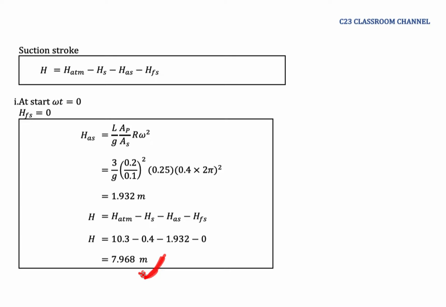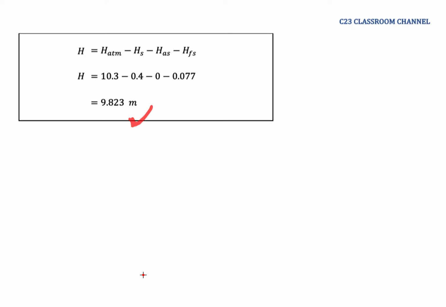The value that is nearer to 0 will have more suction power. So this is the calculation for the pressure head at the piston in the suction stroke.